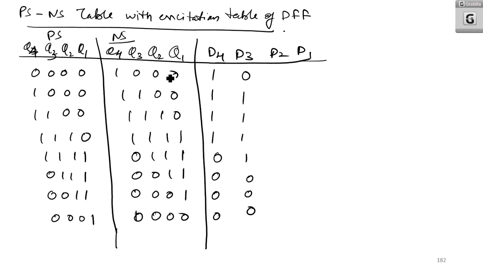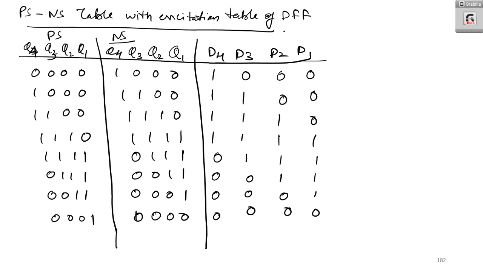What is D2? D2 is next state Q2, that is 0, 0, 1, 1, 1, 1, 0, 0. What is D1? D1 is equal to next state Q1, that is 0, 0, 0, 1, 1, 1, 1, 0. So you got D4, D3, D2 and D1.